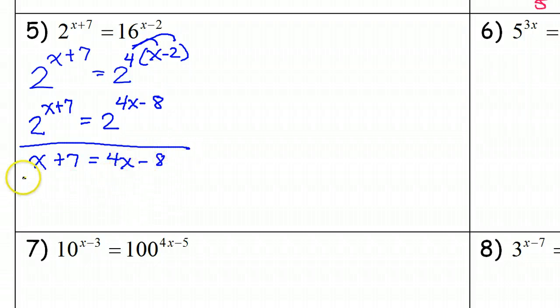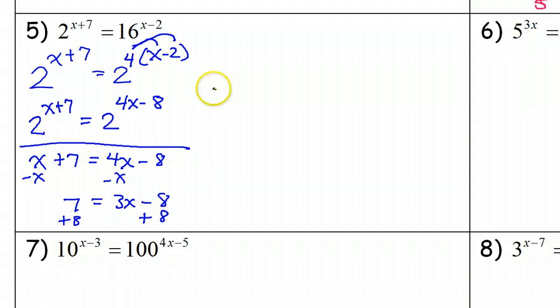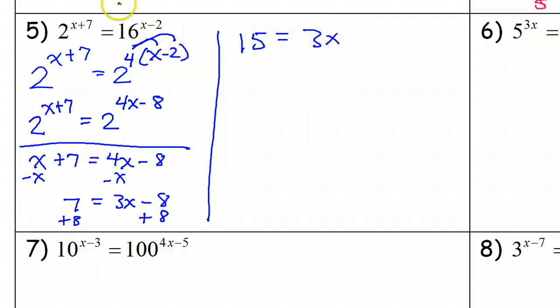Subtracting x from both sides gives me 7 is equal to 3x minus 8. Adding 8 to both sides gives me 15 is equal to 3x. And then we will divide by 3. And that's how we find out that x is equal to 5.